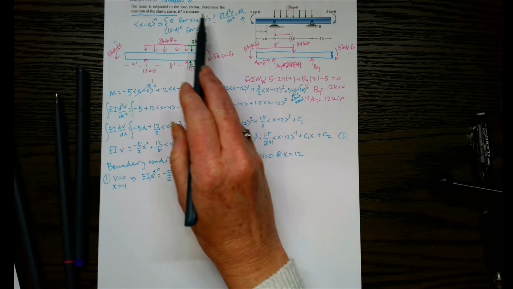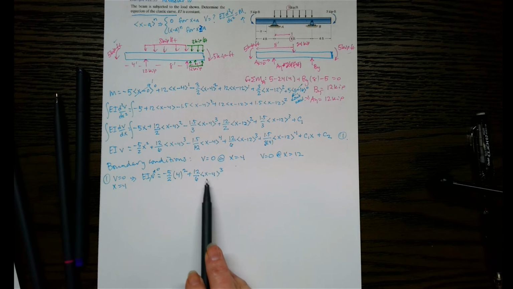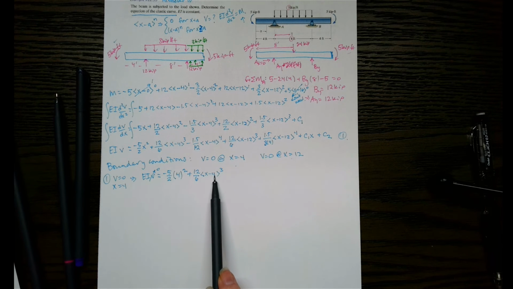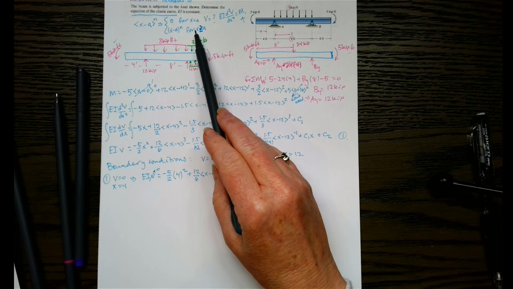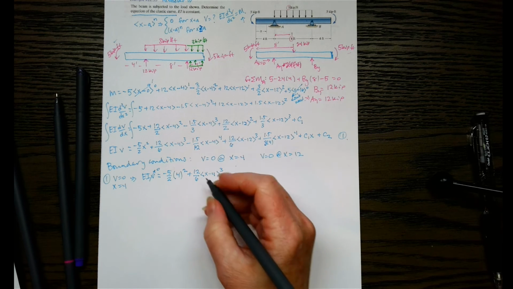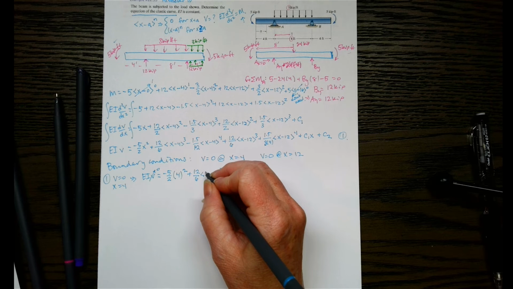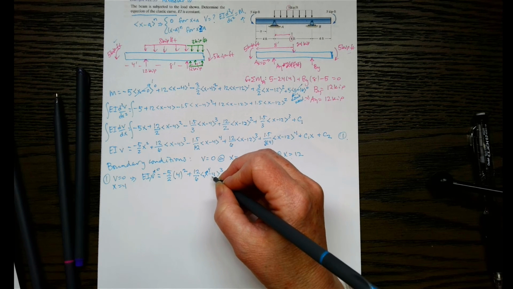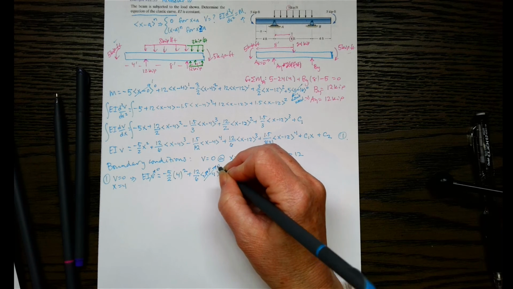Okay, so this is what we're going to use when we're doing this part. X is 4, A is 4. So if I look up here, what should we have? Well, we're still going to keep that. We're going to let X go to 4, and notice you get 0 here.